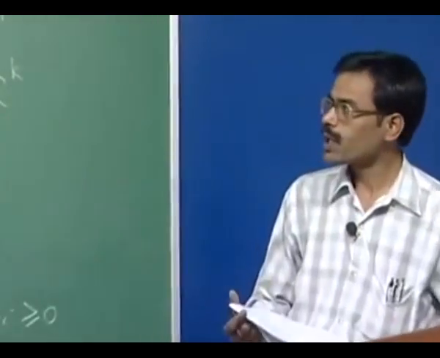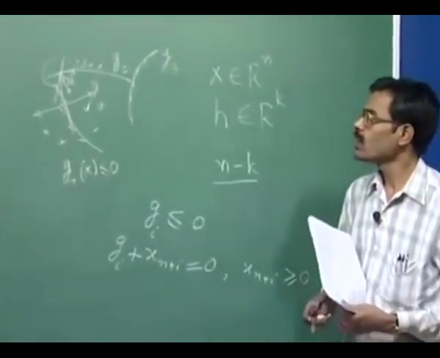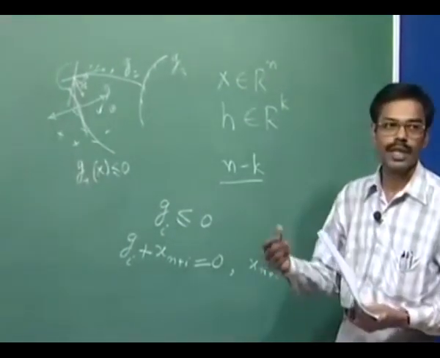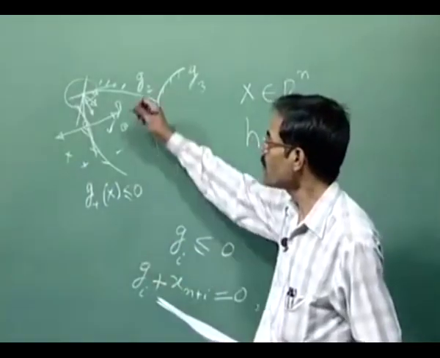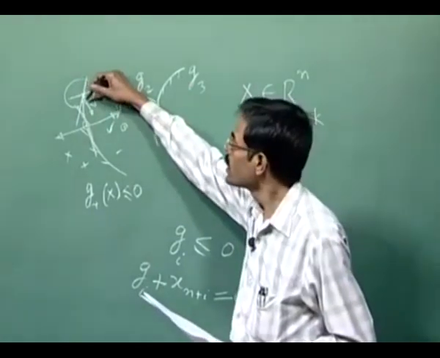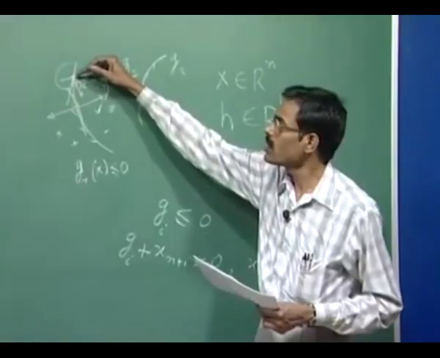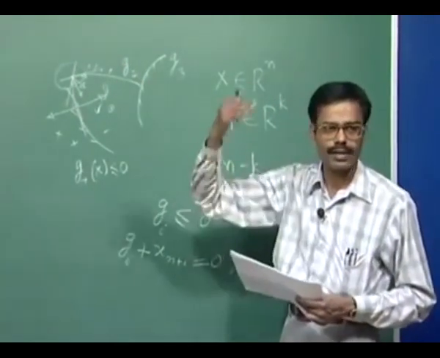Now, with this understanding, we proceed to find out the optimality criteria for a nonlinear optimization problem in which there are constraints. So, for example, as we have been discussing, for this corner point these directions are feasible, and any direction in the tangent plane is feasible.